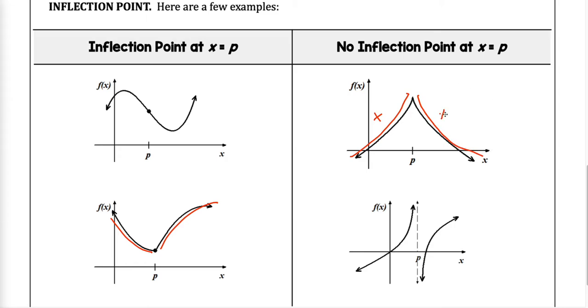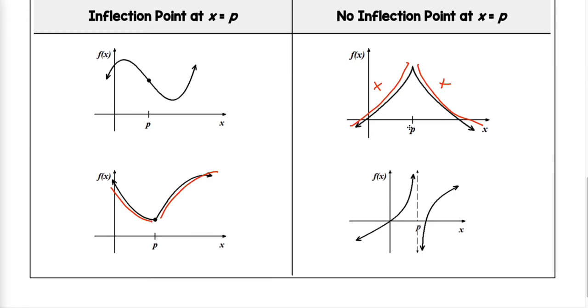Also positive because it makes part of a U. So it does not alternate concavity. That's why it's not an inflection point. And then the bottom one I thought would be as obvious as ever. I don't think I need to explain it. There's not an actual point in between the two pieces, so it can't be an inflection point. It alternates concavity, but there's no point there.